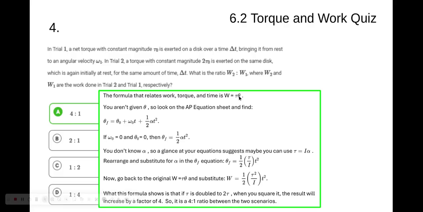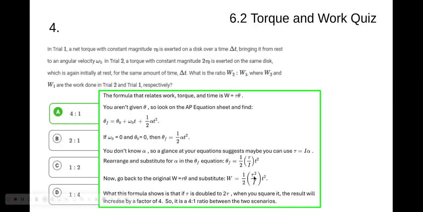We can substitute that into our original work formula. Now we have work equals 1/2 tau over moment of inertia times tau times t squared. And tau times tau is going to be tau squared. Now, why do we go through all that trouble? What we're trying to do is compare work in situation 2 to work in situation 1. In situation 1, this is your answer. But in situation 2, this is 2 tau.